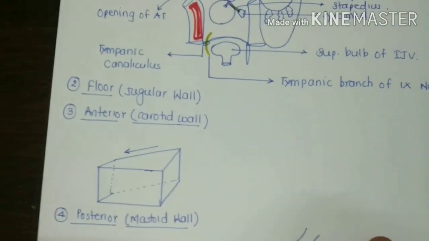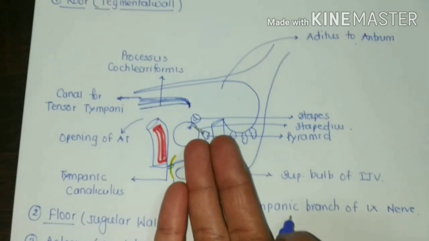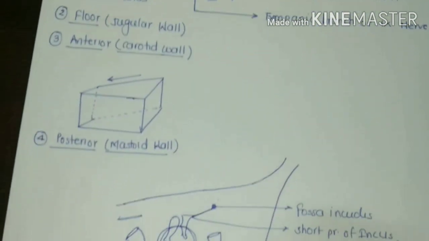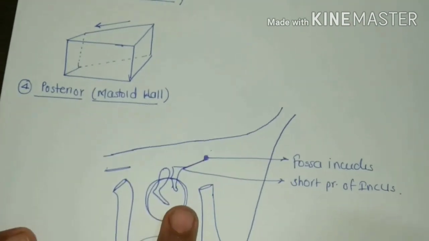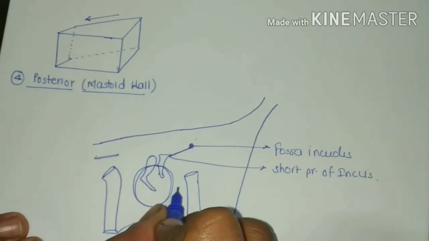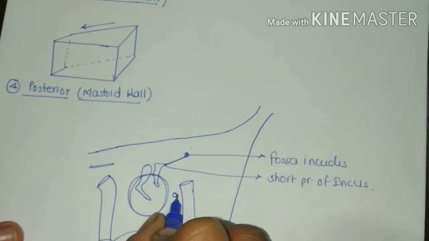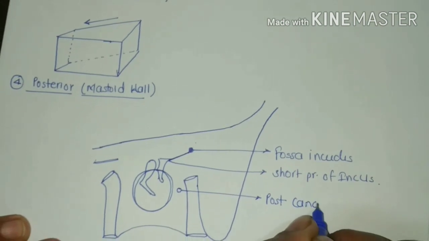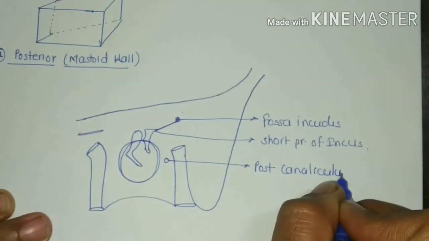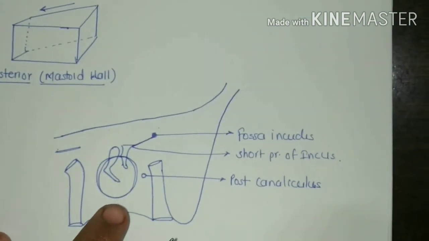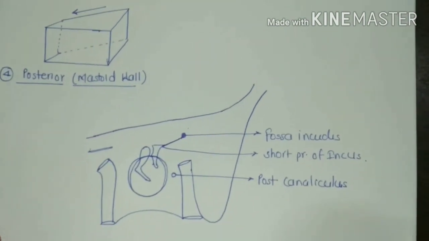Then lateral to the pyramid. Now lateral means again we are coming to the lateral wall. So lateral to the pyramid, near the posterior edge of the tympanic membrane, there is a canaliculus called the posterior canaliculus, and this canaliculus is meant for the passage of the chorda tympani nerve, which is a branch of the facial nerve.